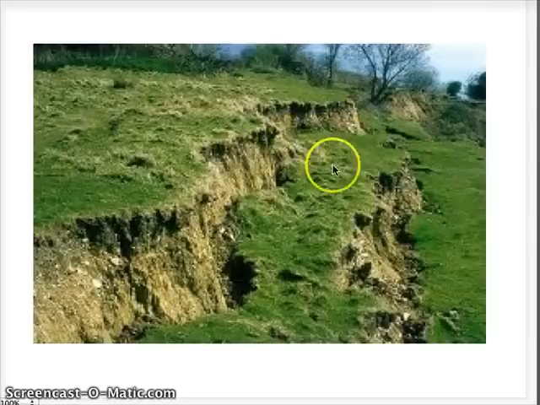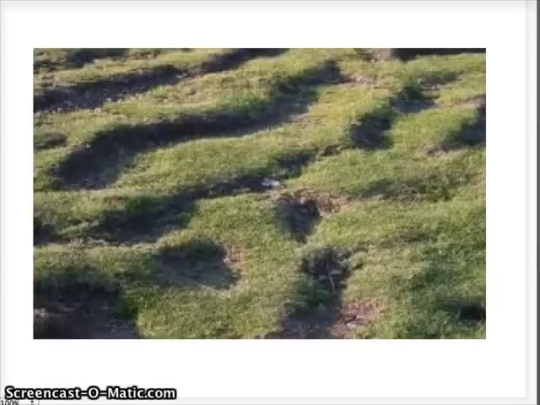This little edge of the hill just kind of slumped down. You can imagine somebody who is slumping their shoulders. That's kind of how this would look. It just kind of slowly falls down because of gravity. Here's another example of it. Kind of the same thing happened, and over the years, grass started growing up in the gaps there.